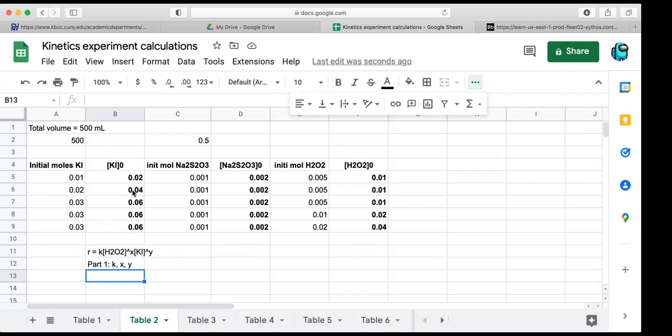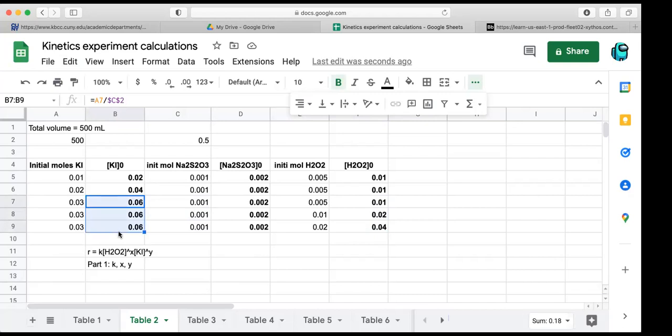When KI is changing concentration, experiment 1, 2, 3, H2O2 is not changing. We're keeping one variable constant and we're changing the other. Then for the last 3 experiments, H2O2 is changing, but KI is not changing. That's the key here. We change one, but not the other.